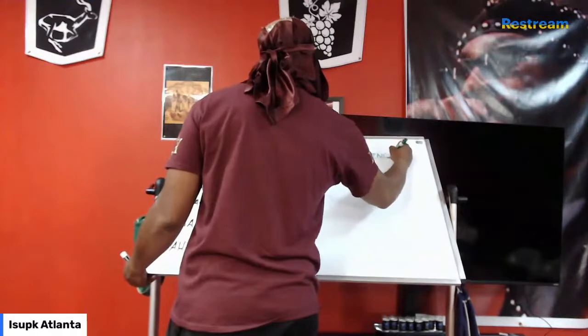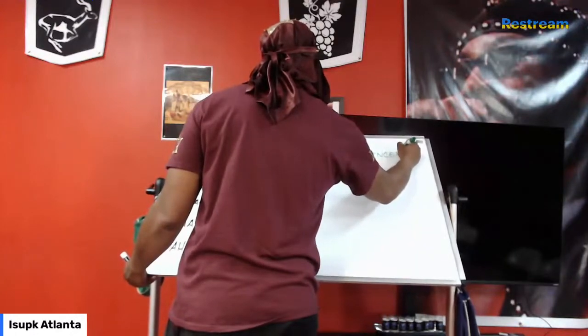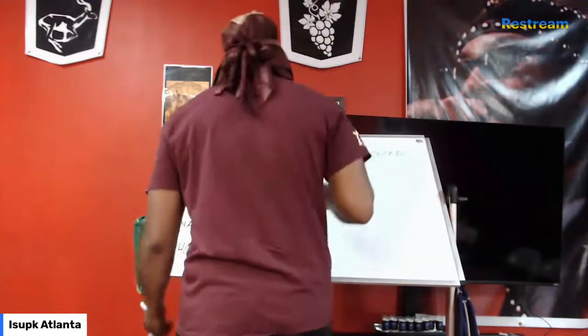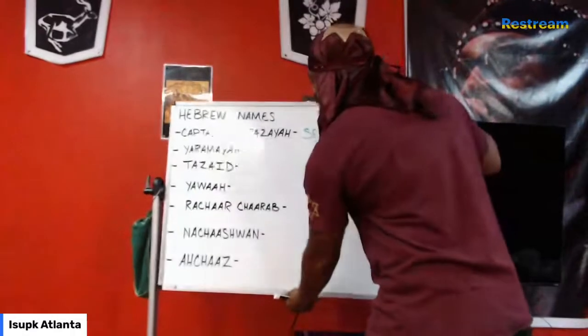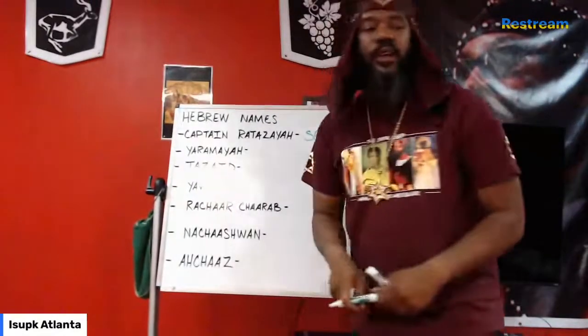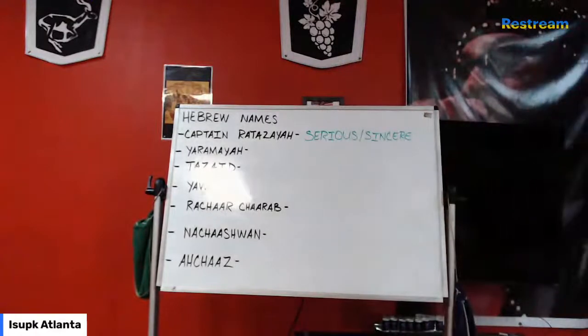Okay. So now, while I'm doing this, hold on. There we go. I'm going too fast. My apologies. All right. So these are just a few of our officers and our captain. Their names in Hebrew. Their Hebrew names.